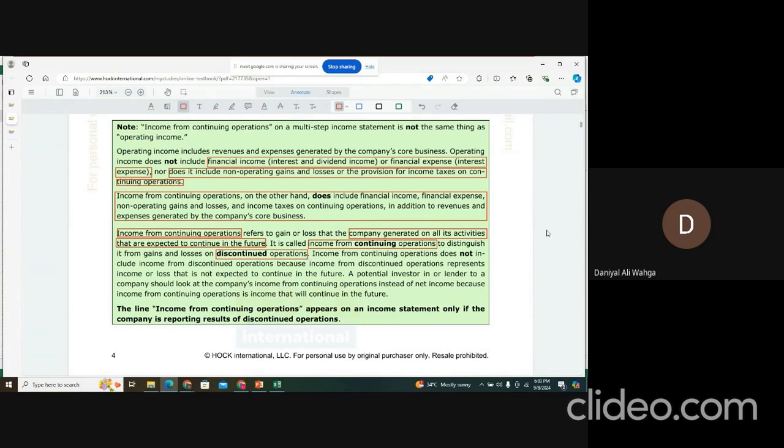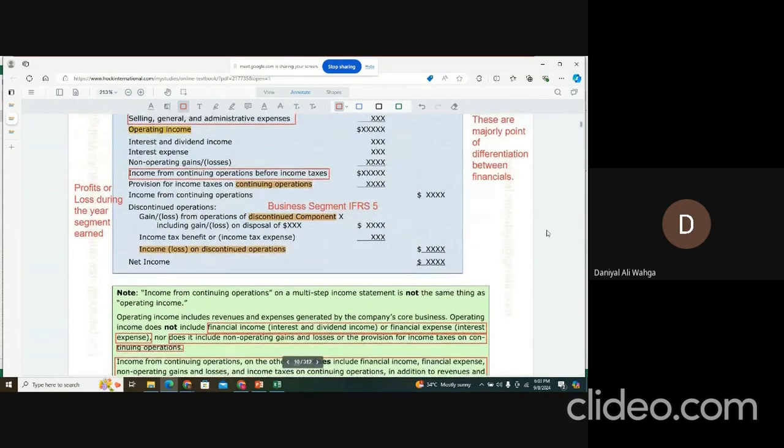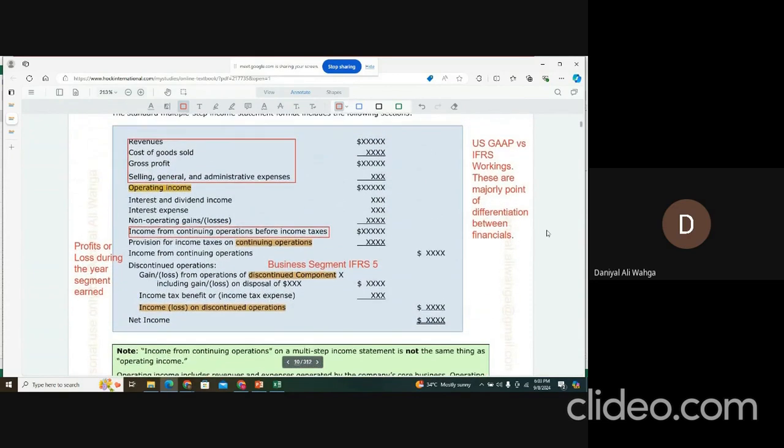While if you earn some other gains and losses, that would be part of your non-operating gains and losses. Losses on disposal of your assets or of some investments would be part of your non-operating gains and losses. You need to see the difference between both of these things.